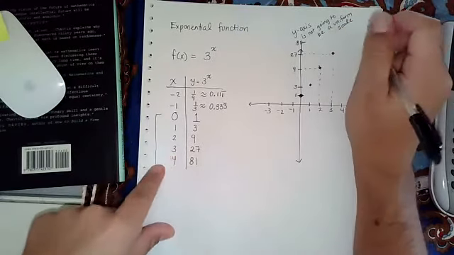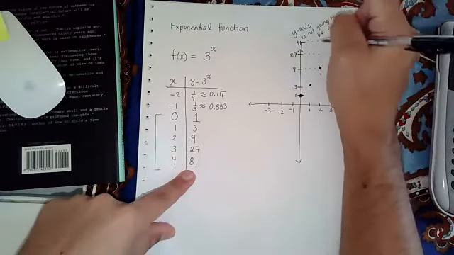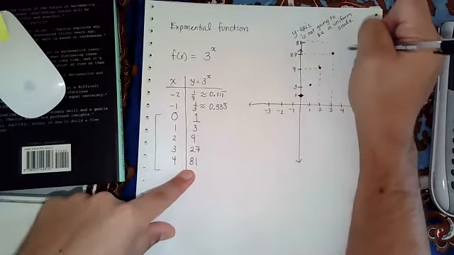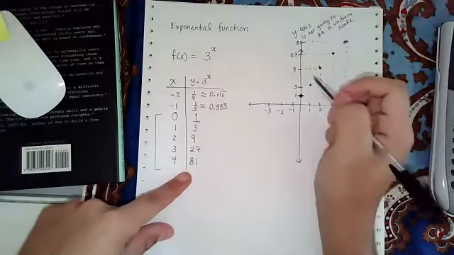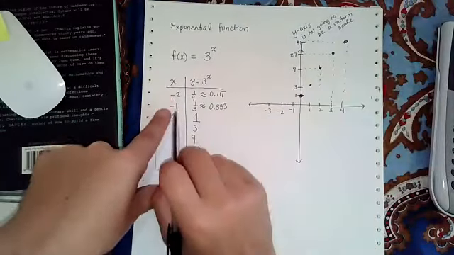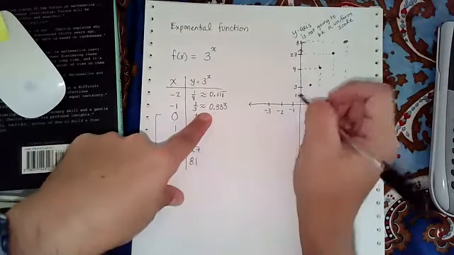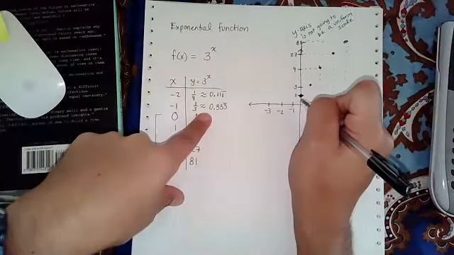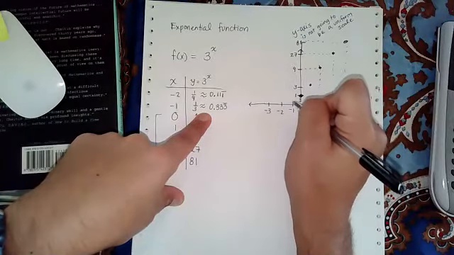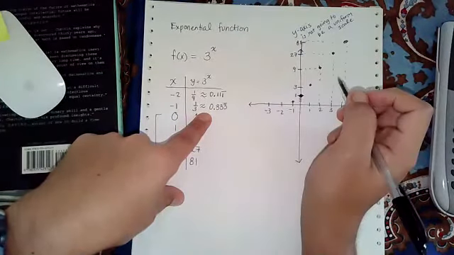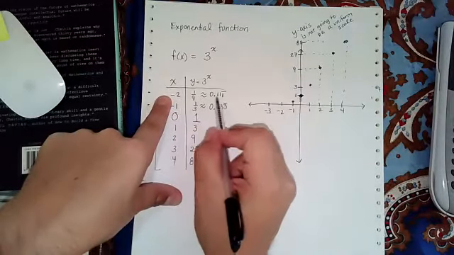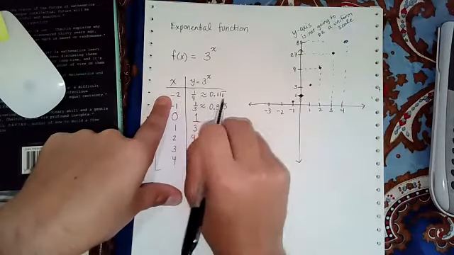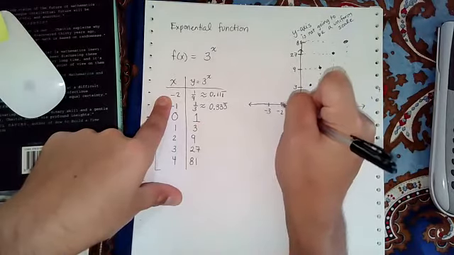It's like that. 4 and 81. -1 and a third would be down here. If I cut this into thirds, it would be right there. And then -2 gets even smaller than that, but it's not quite 0 yet, so I'm going to get even lower there.